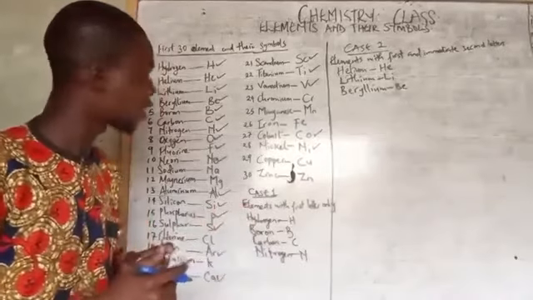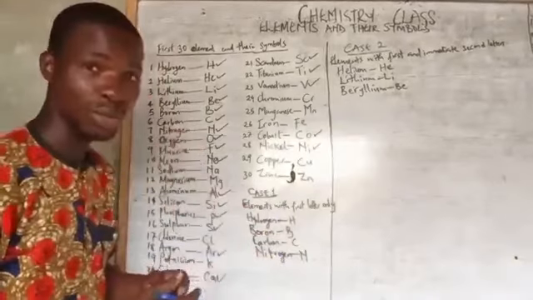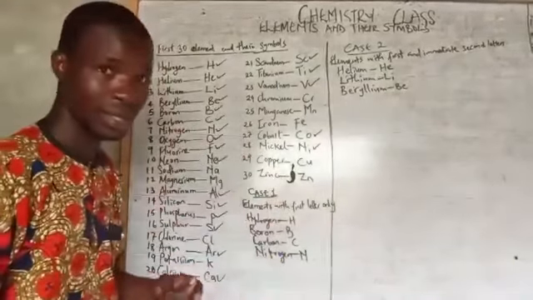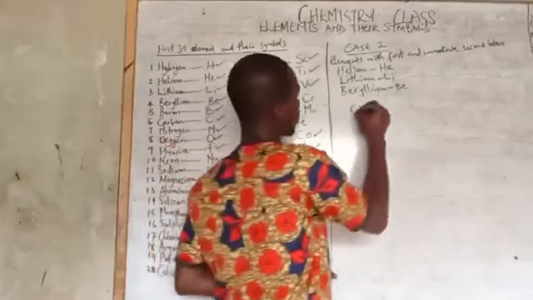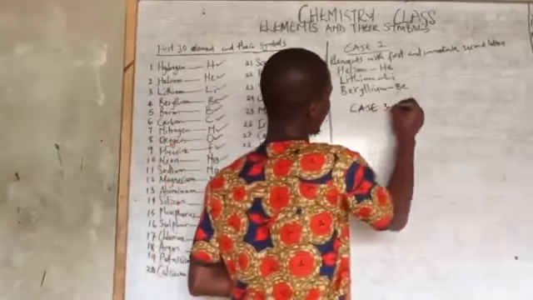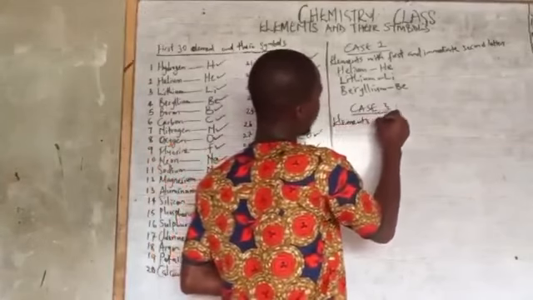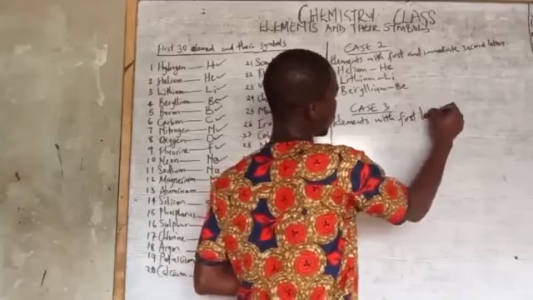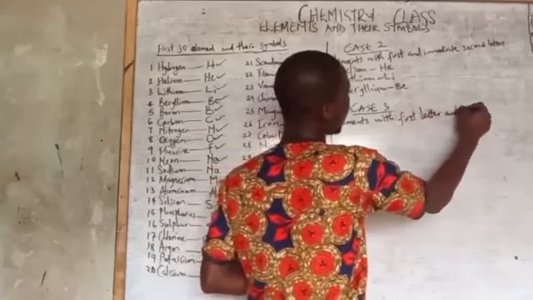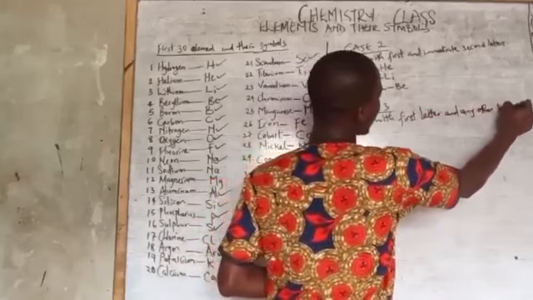Now, this man said we still have some other elements that we have not grouped into any of these 2 cases. He then said case 3 will be case 3: elements with the first letter and any other letter.